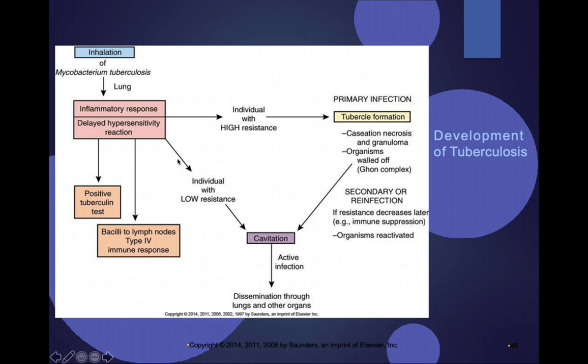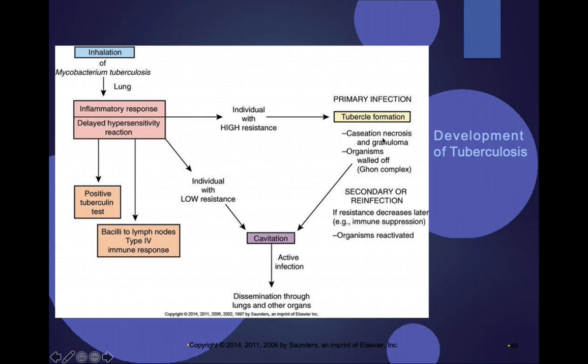Okay, so we have this inhalation of the Mycobacterium TB into the lung, and there is some sort of inflammatory response. Now, either the person has high resistance to it, and they can form that tubercle.